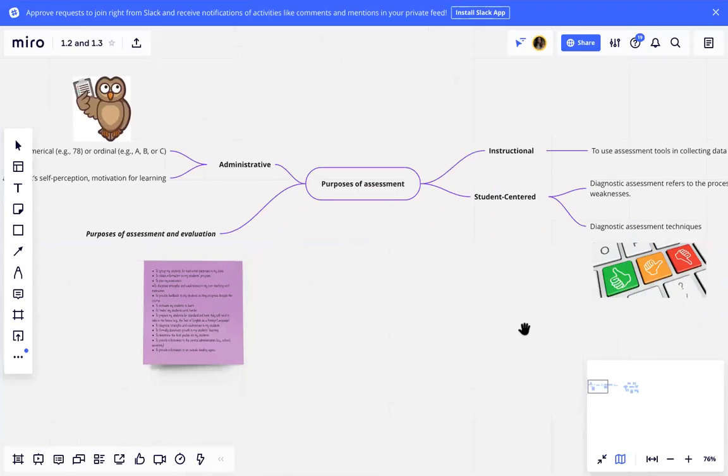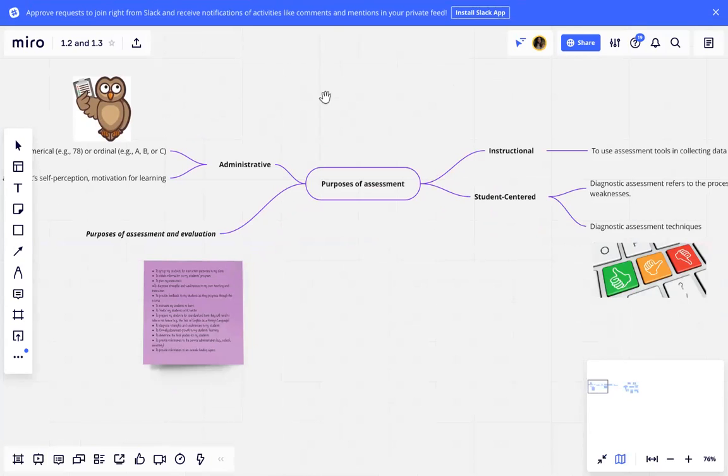So let's get started. I'm going to talk about purposes of assessment, and assessment can have multiple purposes. Actually, there are three main purposes of assessment that we could find in our classrooms.